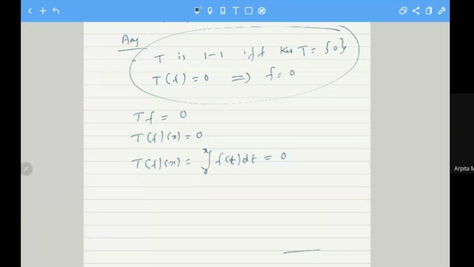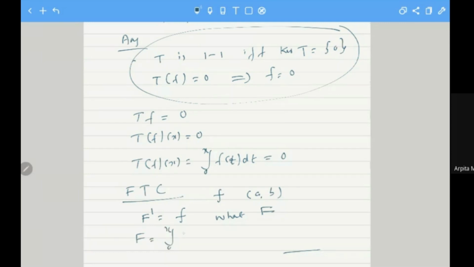So now T of f acting at x is integral 0 to x f of t dt equal to 0. Now what is the fundamental theorem of calculus? FTC. Suppose you have an integrable function on [a,b]. We are looking for some function whose derivative is f. Then what is that function?